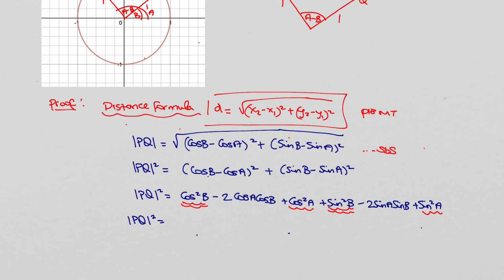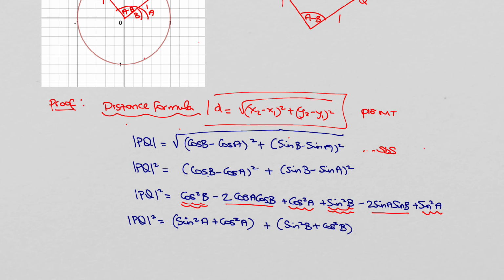So I'm going to group those two together and see, can you spot anything? So if I group the sin squared a and the cos squared a together, and then I group the sin squared b and the cos squared b, and then the other thing I notice that's common is that we have a 2 in front of this cos a, cos b, and sin a, sin b.